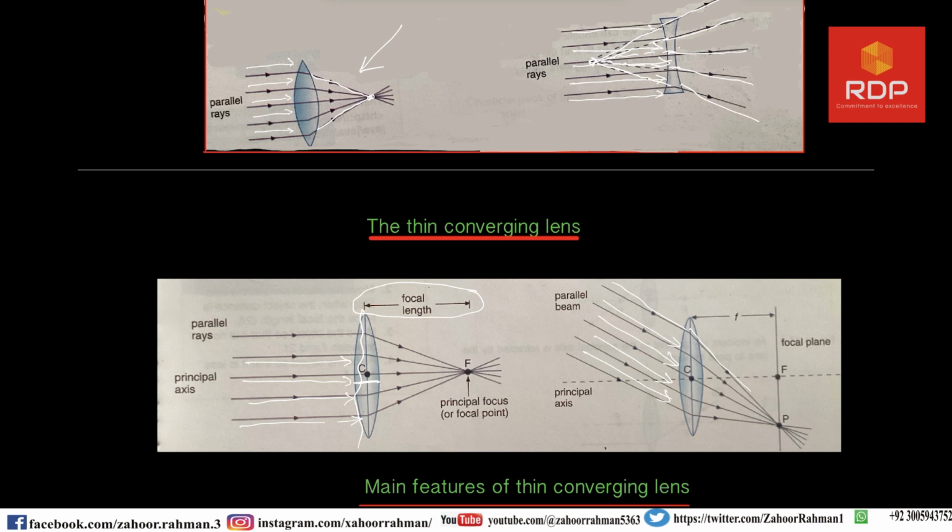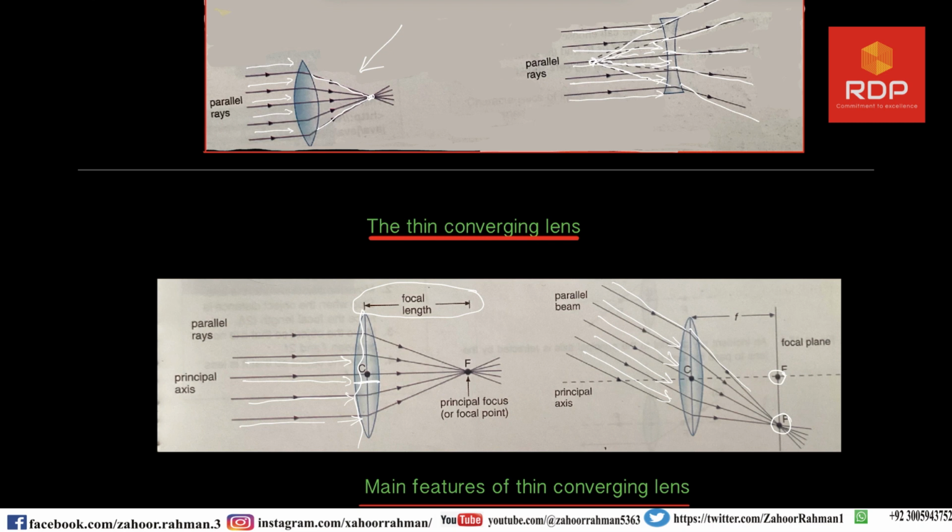They are thin converging lenses because their focal length is larger than the thickness of the lens. In this particular case, this is the P that we will discuss in a moment, but this is the F, the focal length.